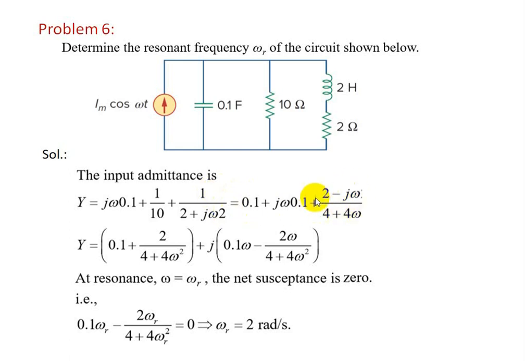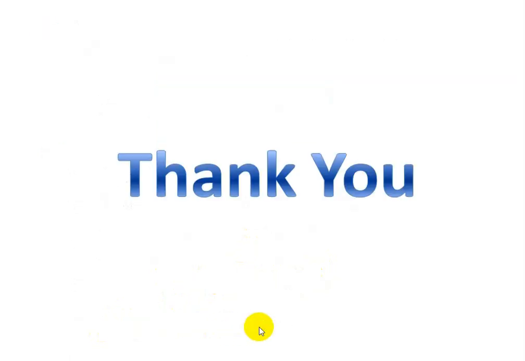So we get this term as 2 minus j omega by 4 plus 4 omega square. Now you separate the real parts and imaginary parts. This is the susceptance term. For resonance to occur, the net susceptance should be 0. So equate this to 0, replace omega by omega R, and find the value of omega from this equation. We get 2 radians per second.